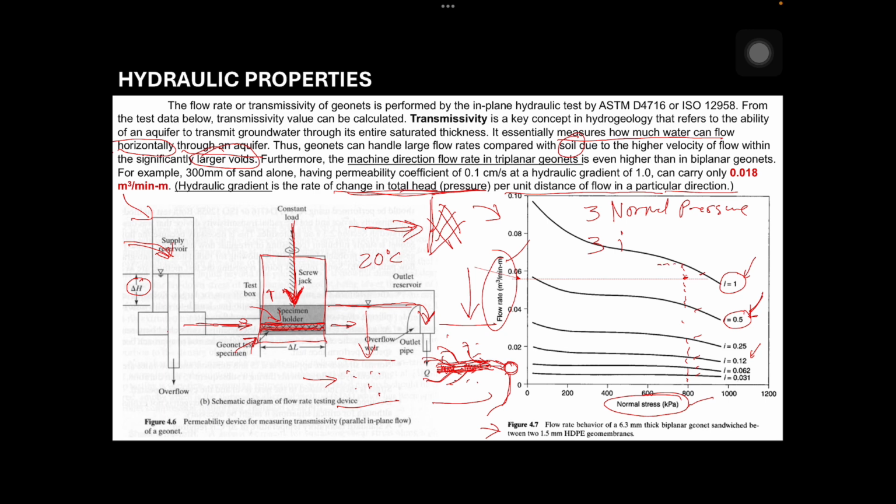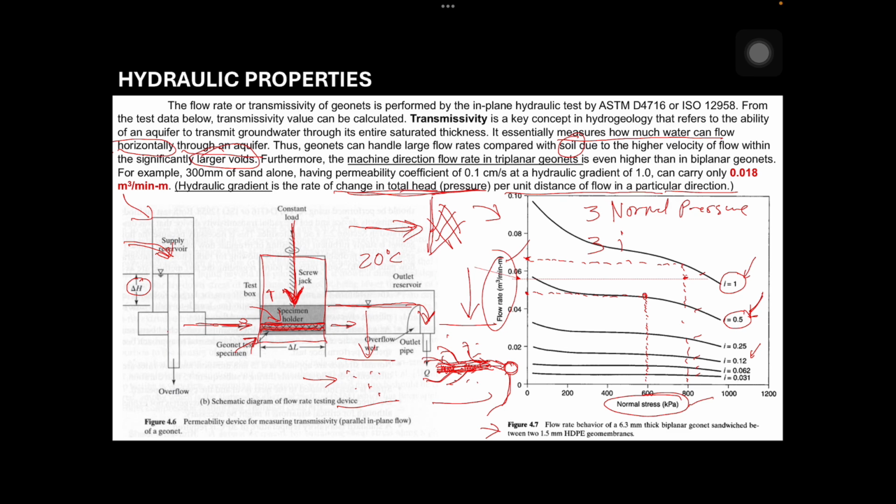So, what is the corresponding flow rate? You get the flow rate that your geonet can carry. What if only 600 normal stress happens, and the gradient is only 0.05, you get the flow rate the geonet can carry. So, the flow rate the geonet can carry is high.